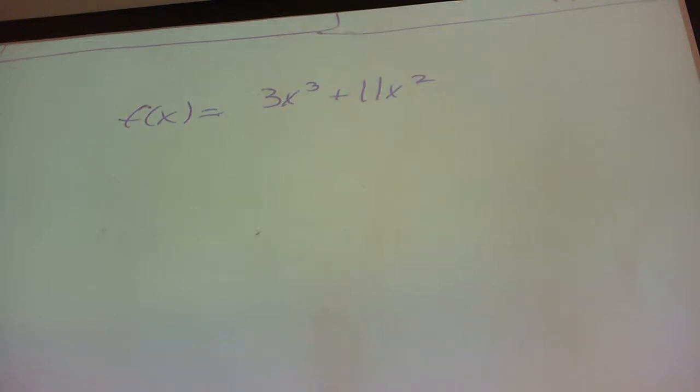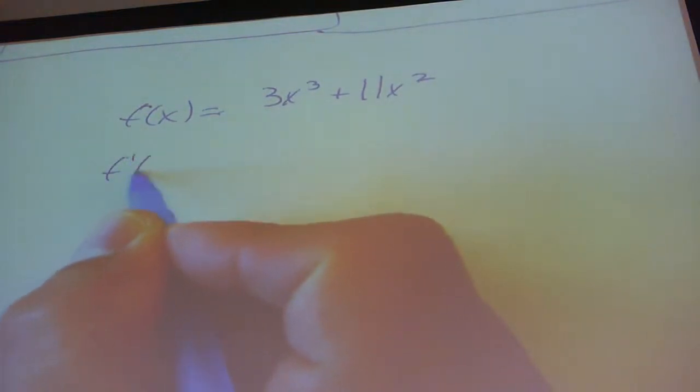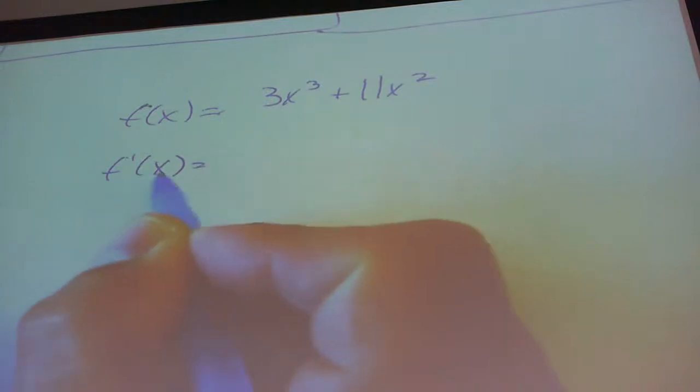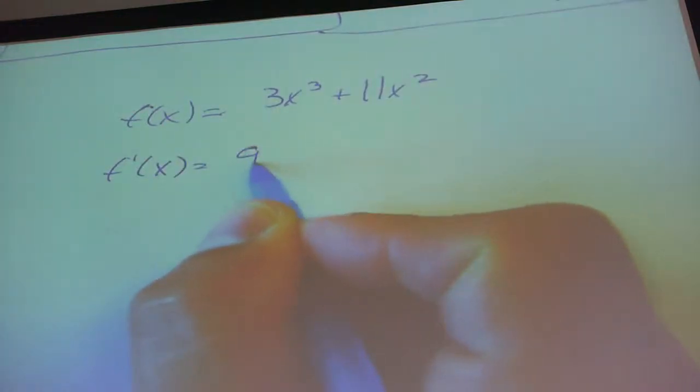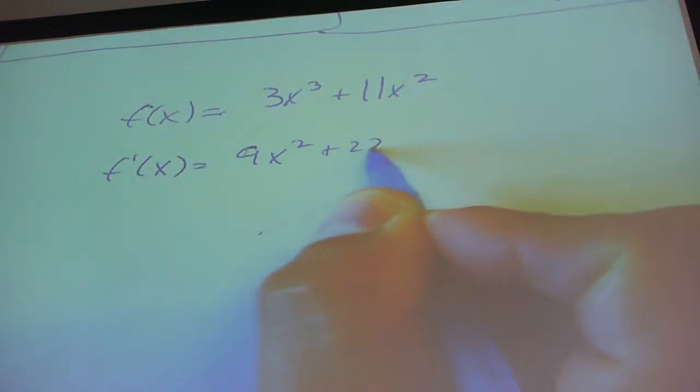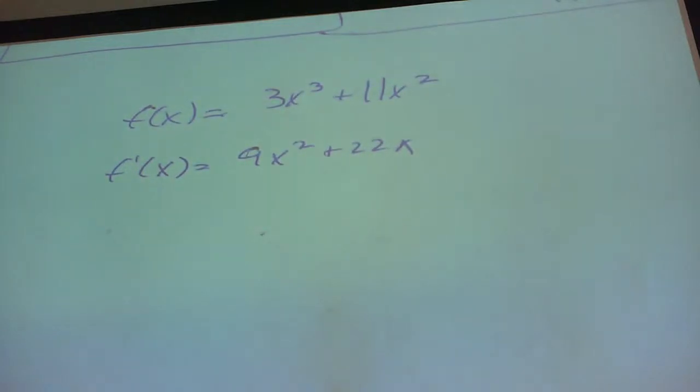Okay, so what's the derivative of 3x to the 3rd? 9x squared. What's the derivative of 11x squared? 22x. Okay, so again, make sure your notation is correct. F prime of x is the derivative, that's the original, 9x squared plus 22x.